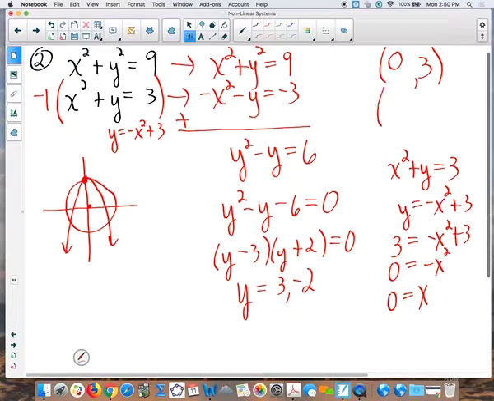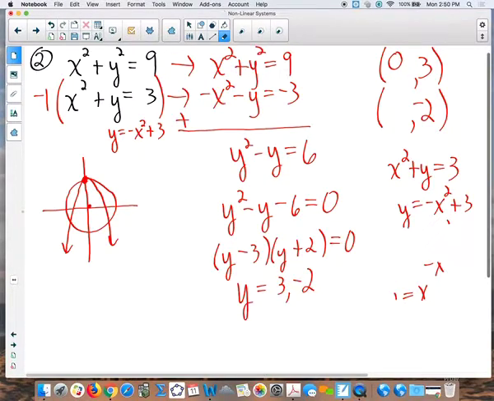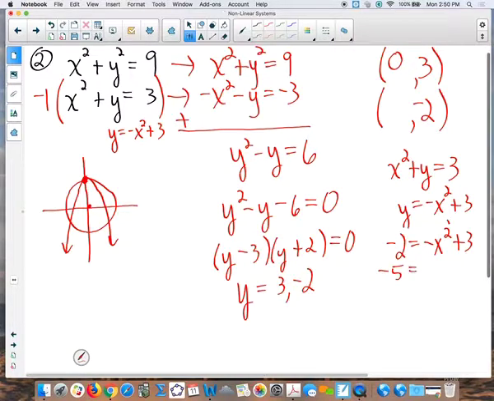Our second value we're going to use is negative 2 for y. Okay. Now I'm just going to erase this so I have some room here, and I'm going to leave this piece here. Okay. So let's see what happens. If we plug in now our y to be negative 2, I can subtract 3. So negative 5 equals negative x squared. x squared equals 5.